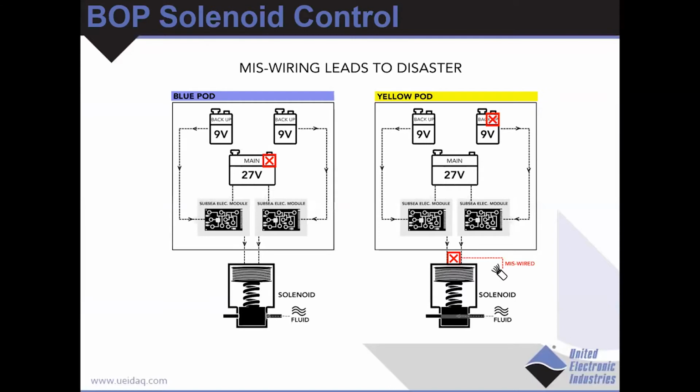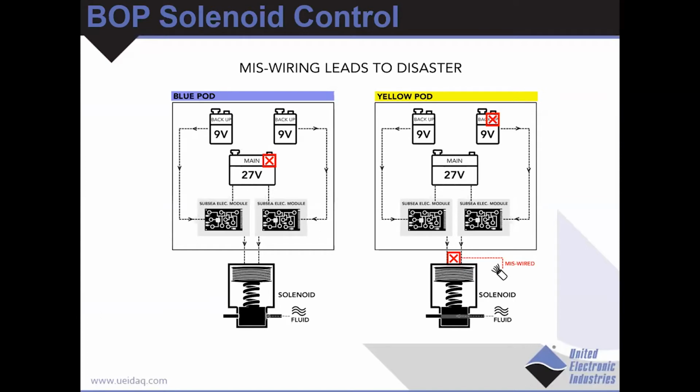And one of the major factors was this BOP, or blowout preventer solenoid control. So a blowout preventer is used to contain uncontrolled release of oil. It has two redundant solenoids to actuate hydraulic and mechanical shutoff.